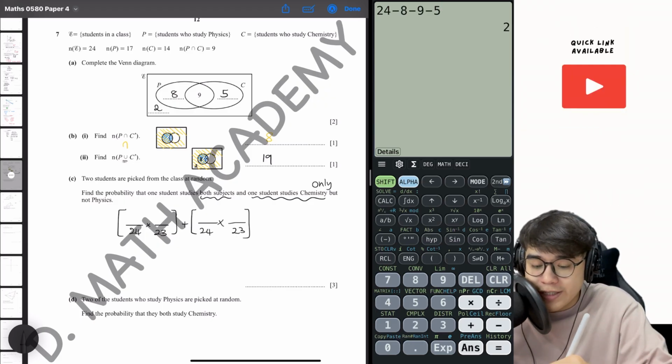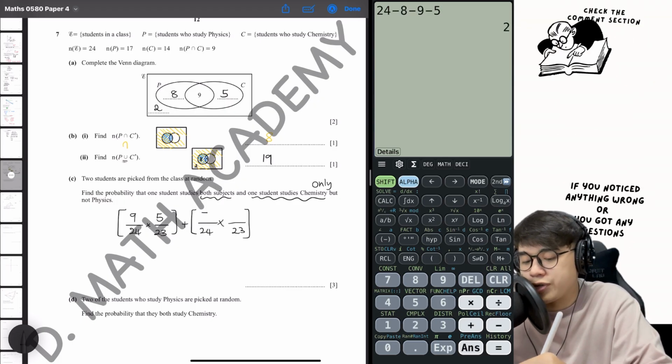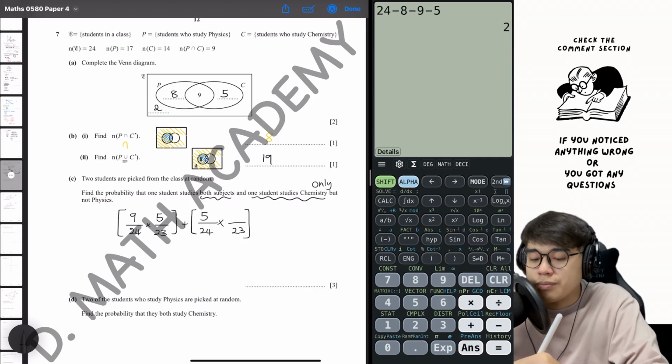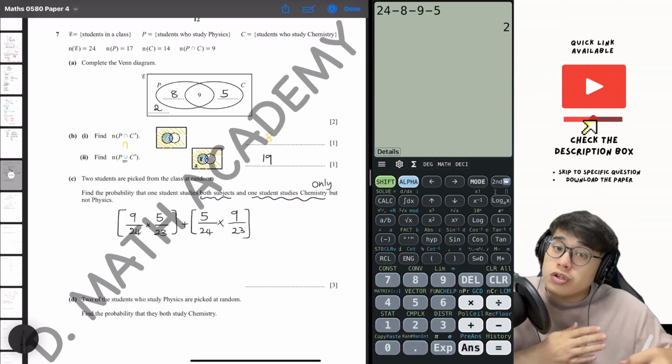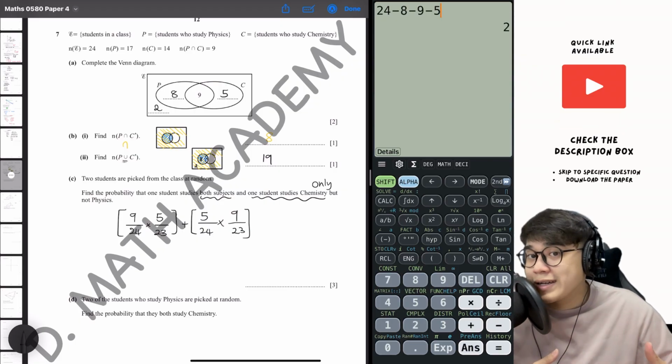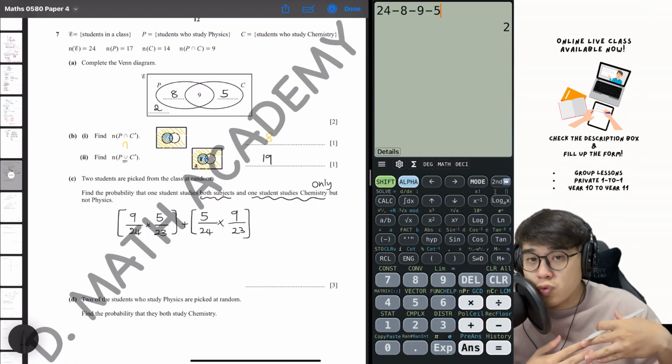So both subjects is 9, then chemistry only is 5. Or you can choose chemistry first, followed by both subjects. So please take note of all the possible arrangements here. If they didn't tell you a specific order, you must do both.